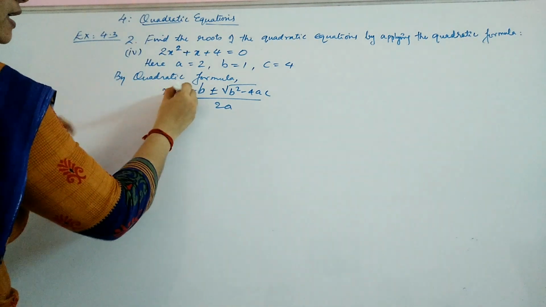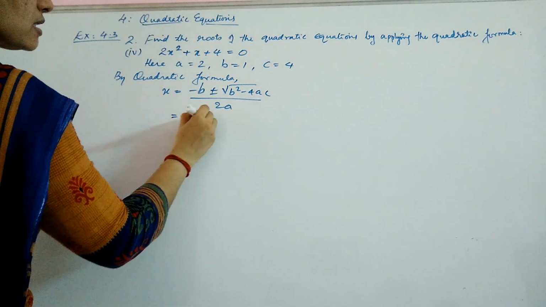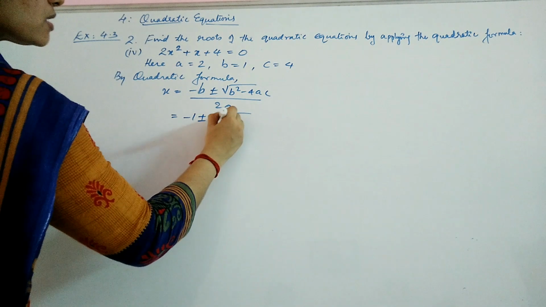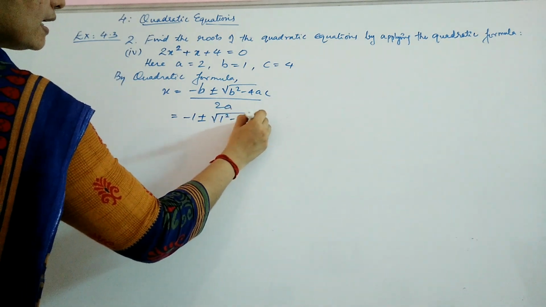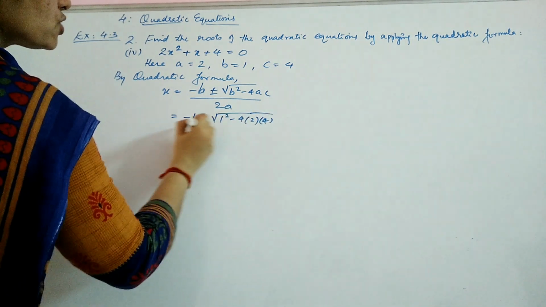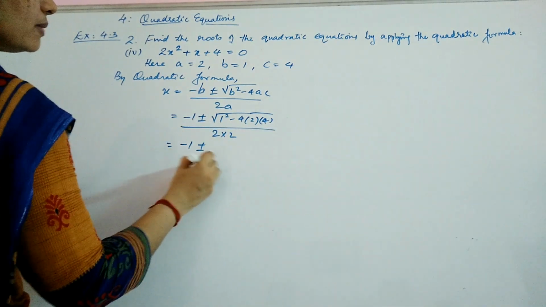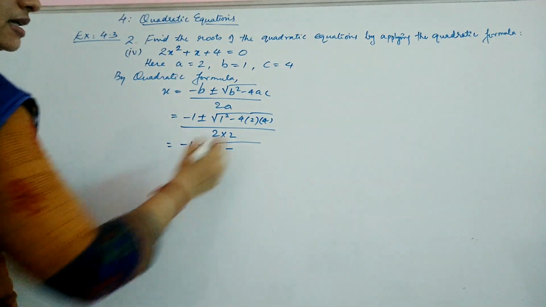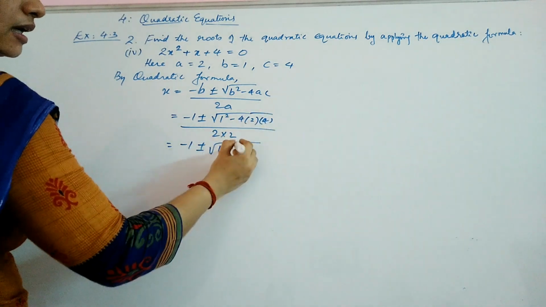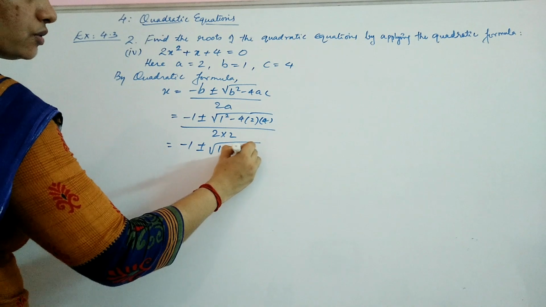Replacing the values, b is 1, so you get minus 1 plus or minus root of b square, 1 square, minus 4ac, a is 2, c is 4, divided by 2 into 2. So getting minus 1 plus or minus root of 1 minus 4 into 2 is 8, 8 into 4 is 32, divided by 4.